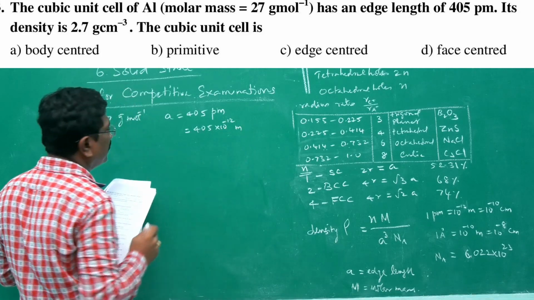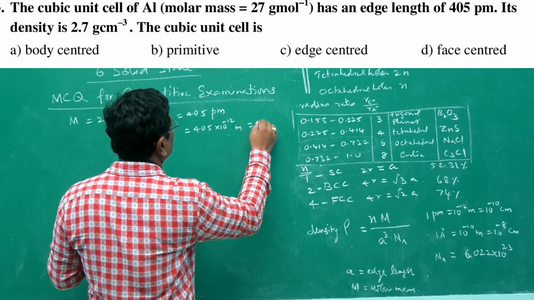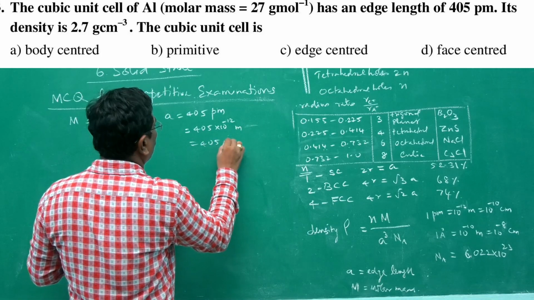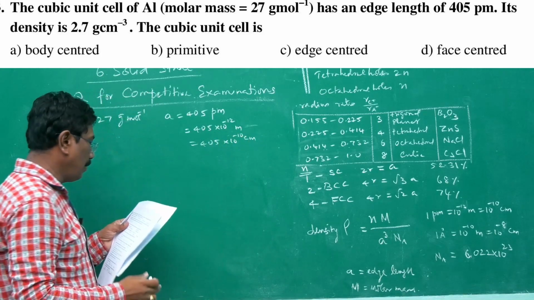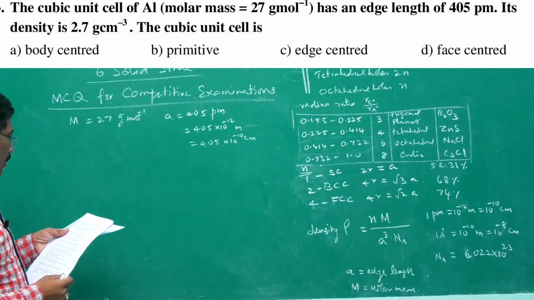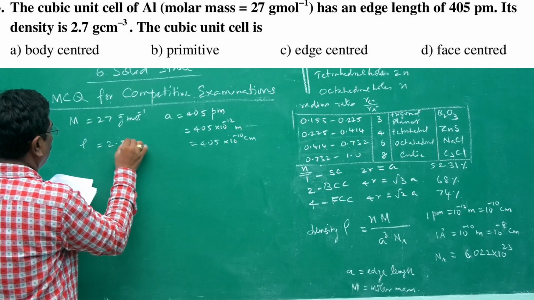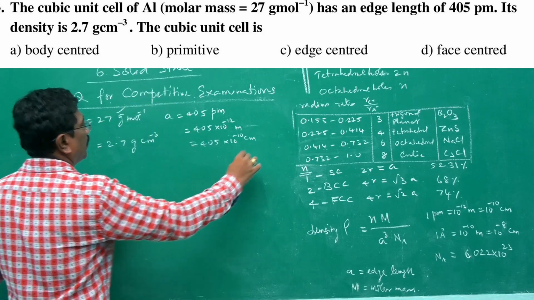But density is given in gram per centimeter cube, therefore it can be converted into centimeter. 405 into 10 power minus 10 centimeter. To convert into centimeter, it has to be multiplied by 100. And the density is given as 2.7 gram per centimeter cube.